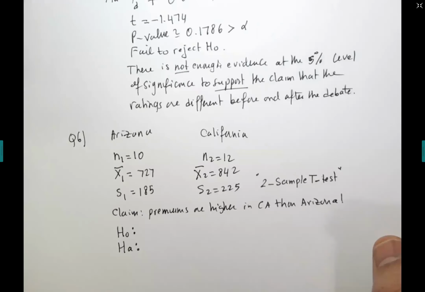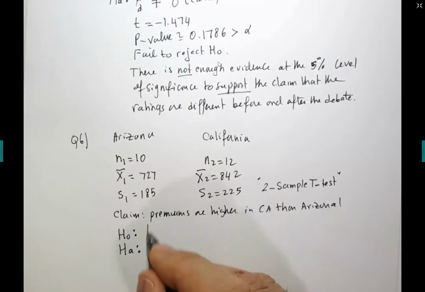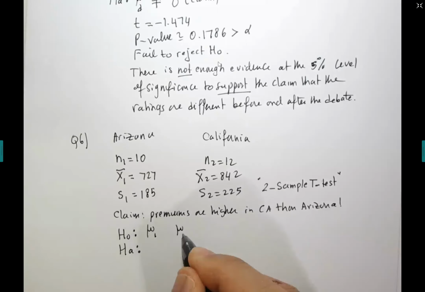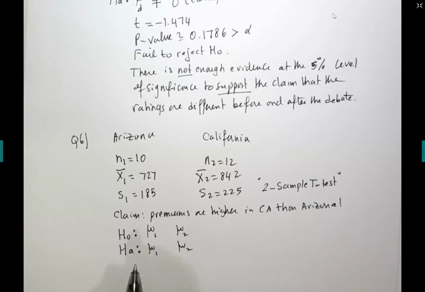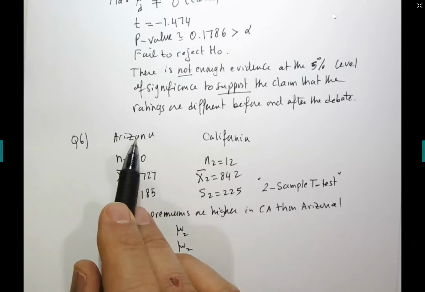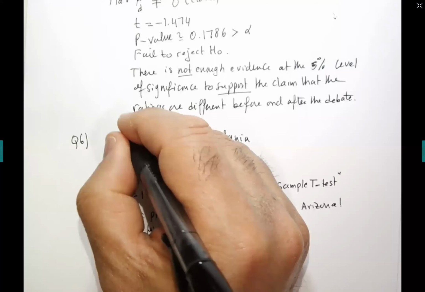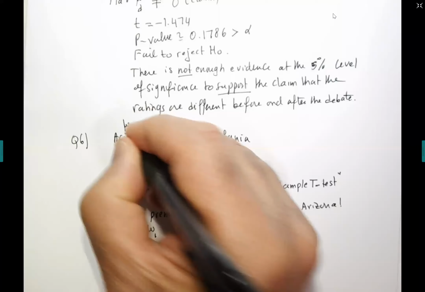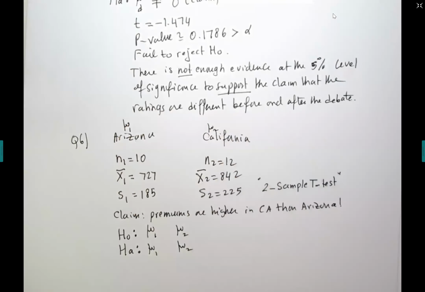Now I need someone to help me state the null and the alternative hypothesis. Okay, what do you guys say? Remember, mu1 is for Arizona and California is mu2. So what would you guys say here? We wanted to check if the premiums are higher in California than Arizona.